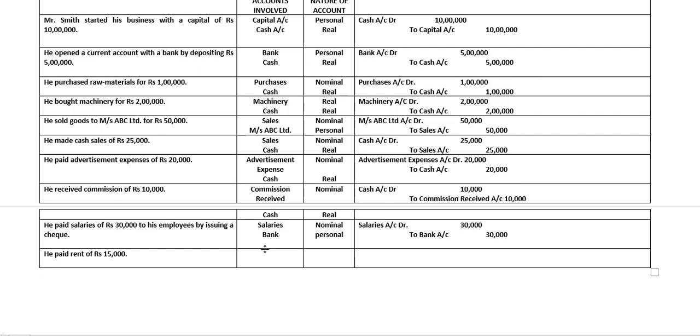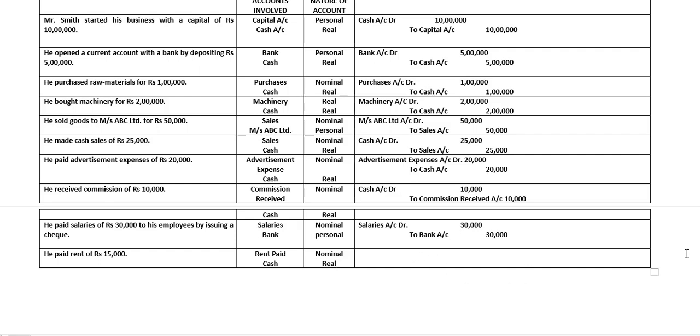Now we have come to the last transaction, which is similar in nature. He paid rent for rupees 15,000 again. Rent paid is an expenditure, and since it says nothing about it, we assume that it is in cash. So rent paid is an expenditure, nominal in nature, and cash is real, as we have seen so many times.